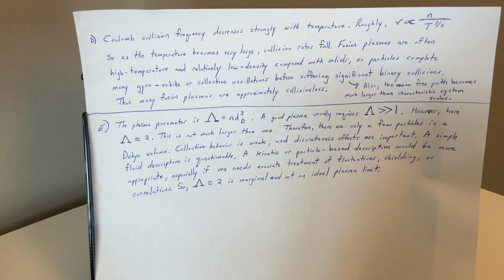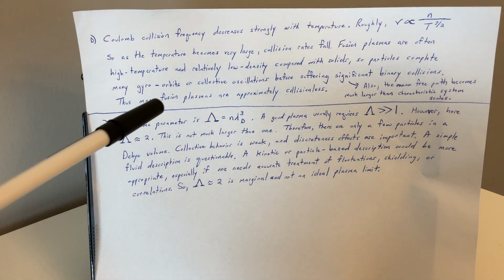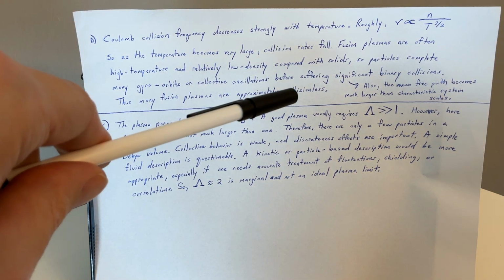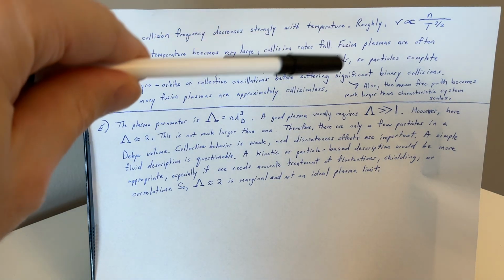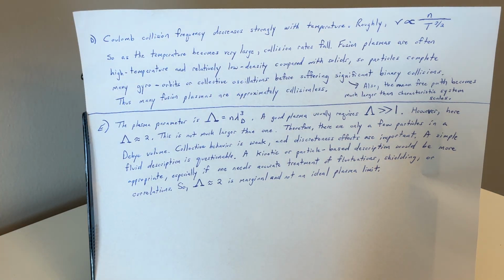Fusion plasmas are often high temperature and relatively low density compared with solids. So particles complete many gyro orbits or collective oscillations before suffering significant binary collisions. Thus, many fusion plasmas are approximately collisionless. We could add this: also, the mean free path becomes much larger than characteristic system scales. Okay.